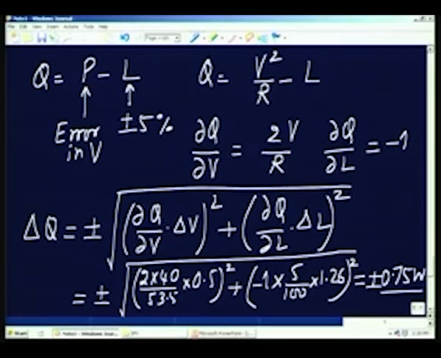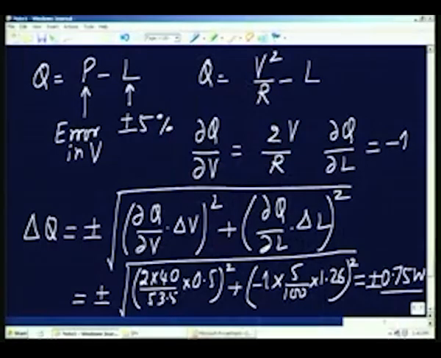There is an uncertainty of the measured value of the heat transfer through the sample of plus or minus 0.75 watts because of the error in the measured voltage as well as the error in the estimated value of the heat loss from the system.